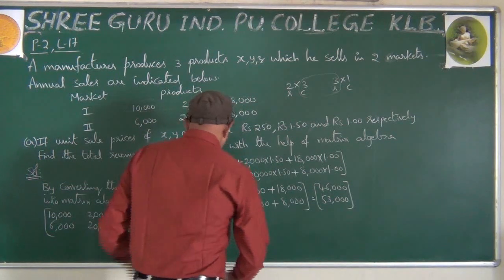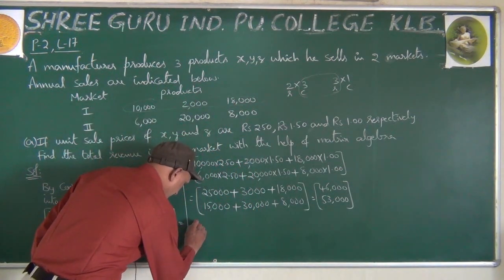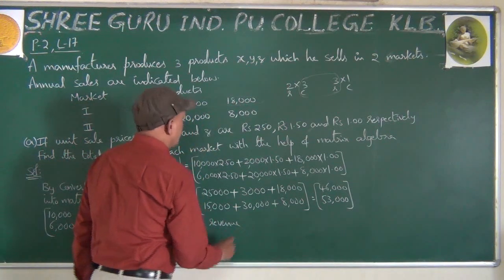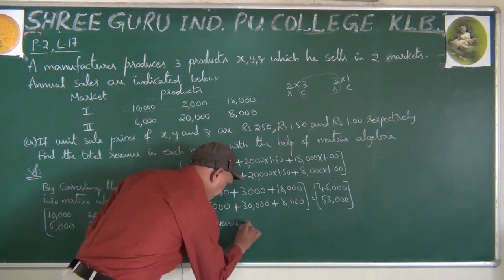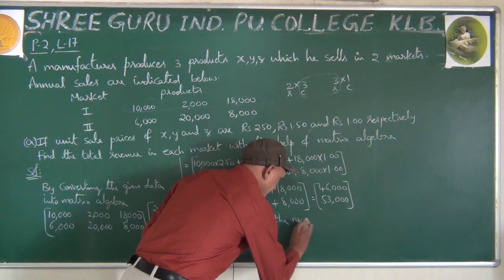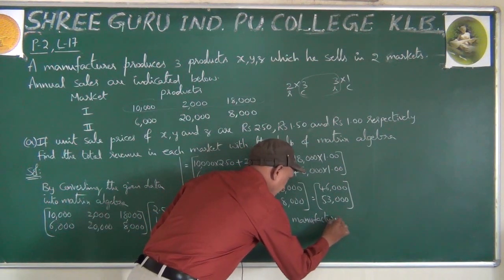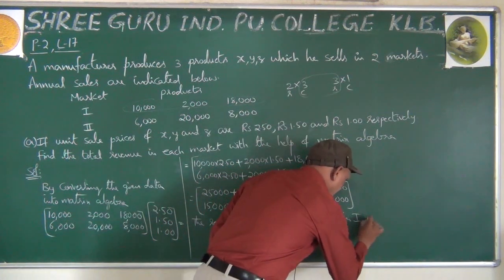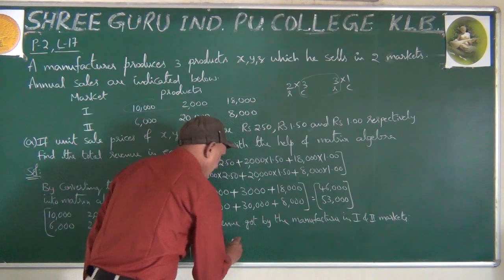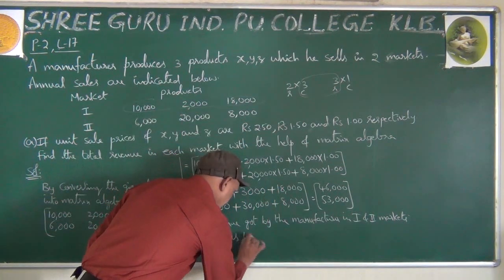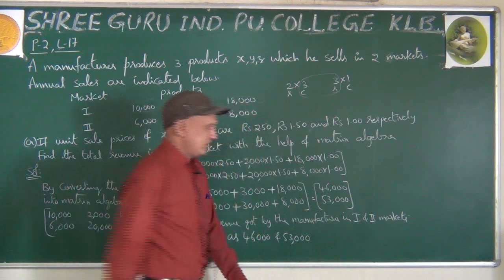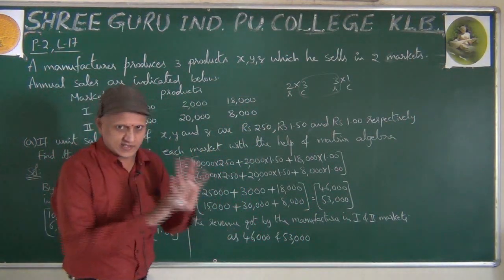This is the revenue got by the manufacturer in the first and second markets, as 46,000 and 53,000. Right? This is the answer for the first sub-question.